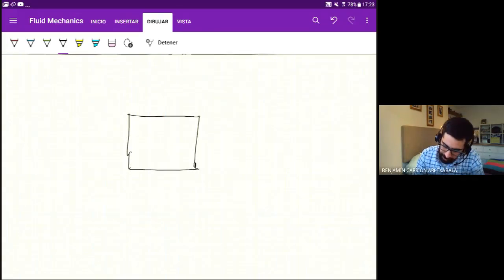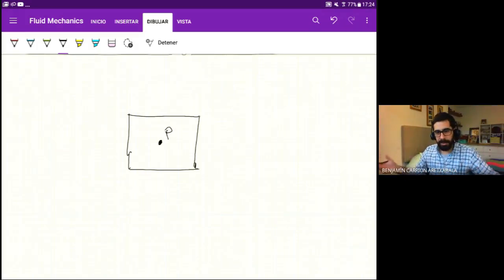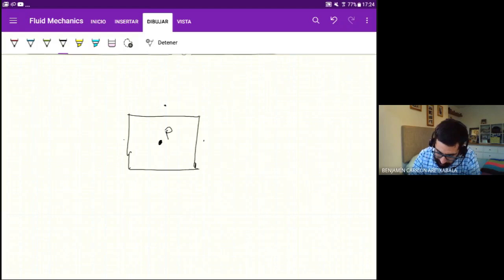okay, and that we know the pressure at the center of the fluid. We know P, and we know that P is pointing in every direction with the same magnitude, and we want to estimate P at the boundaries of this infinitesimally small volume. Okay, so the value here, I'm going to just write it down.